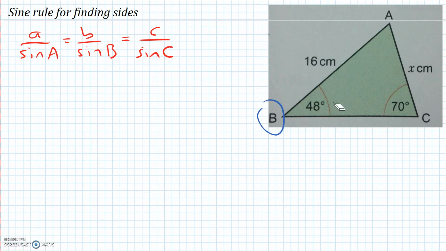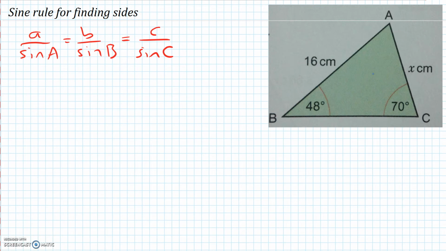So we may as well use that lettering as it is, and we're looking for x, and x is opposite angle B. So it makes sense to make x the equivalent of b in our formula here.